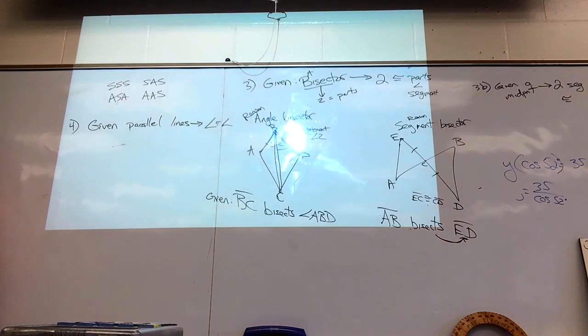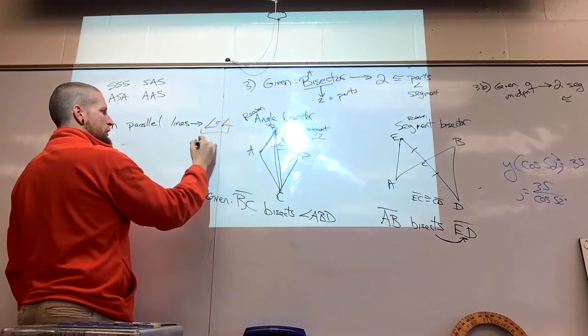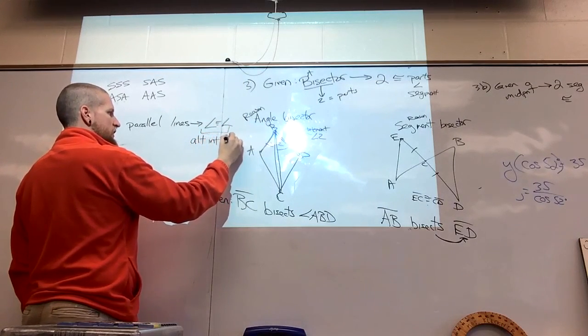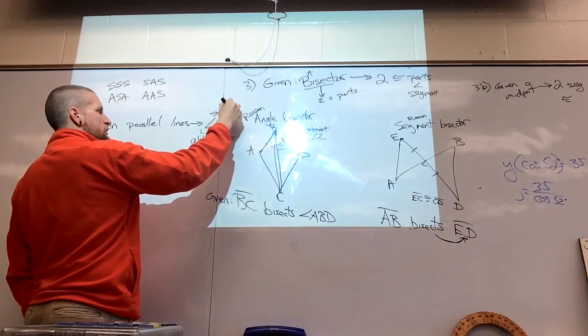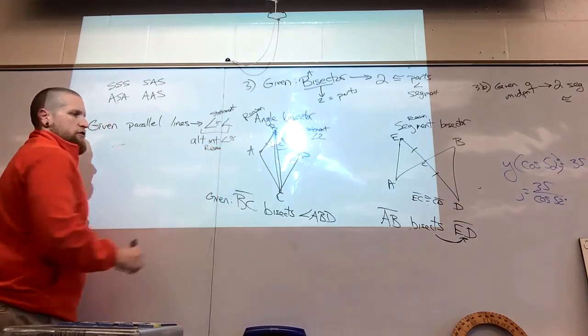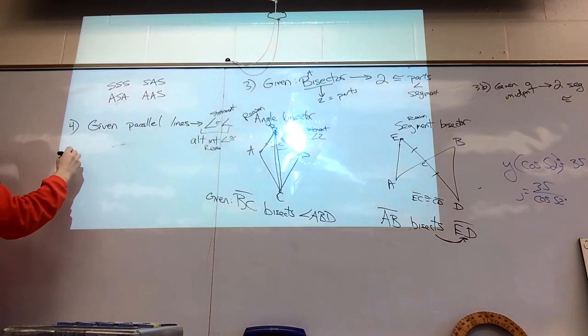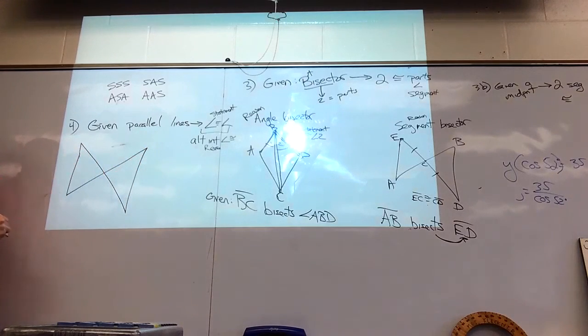Okay? Like 99% of the time, the angles that you mark congruent are going to be alternate interior angles being congruent. Your statement will say which angles are congruent, and your reason will be that alternate interior angles are congruent. Where this is going to come up quite a bit is a picture like this.